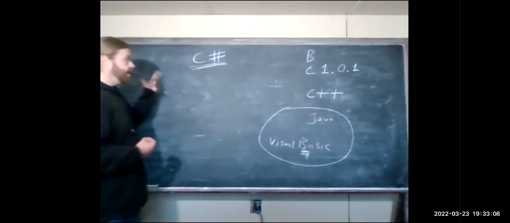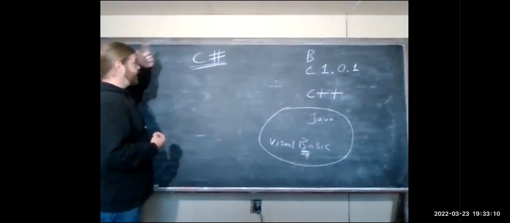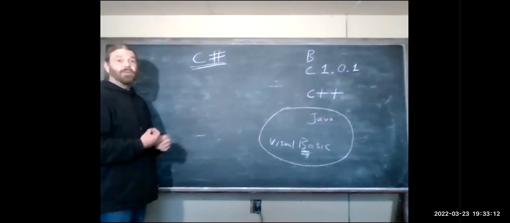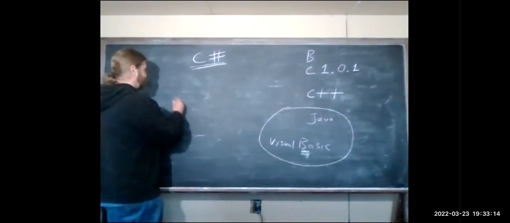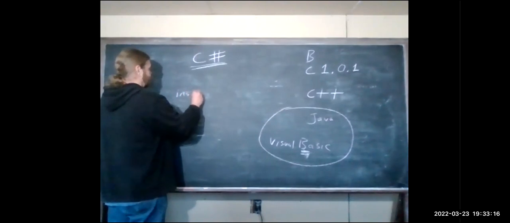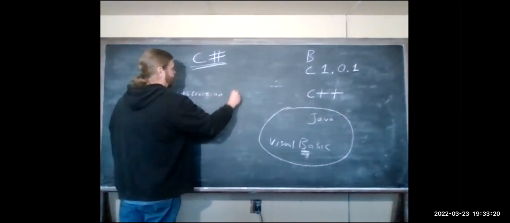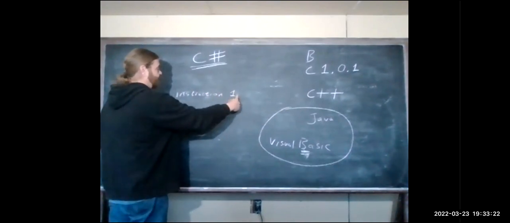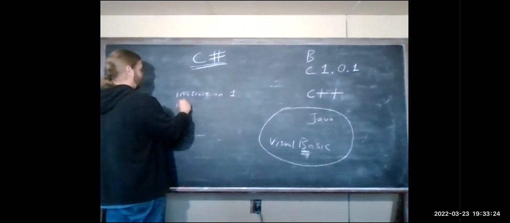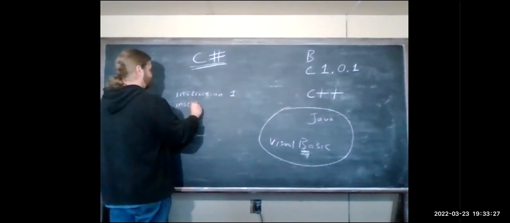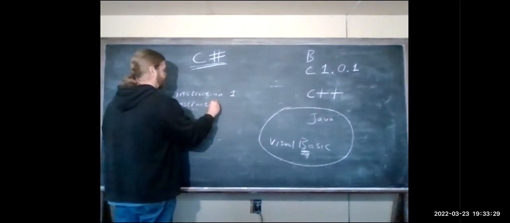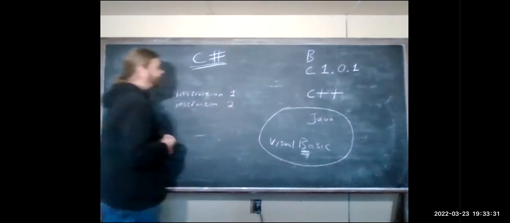So to start off with here, before we jump in and look at stuff, in Python, we went with human readable things, right? When we write an instruction, instruction number 1. And in Python, we jump to the next line and then do our next instruction. Instruction number 2.